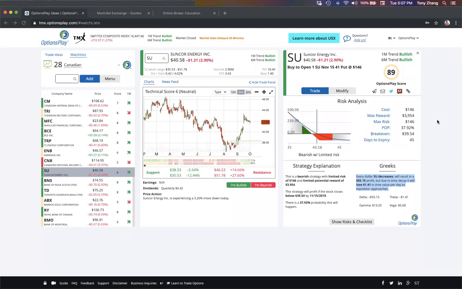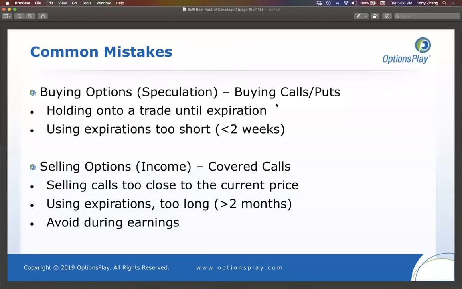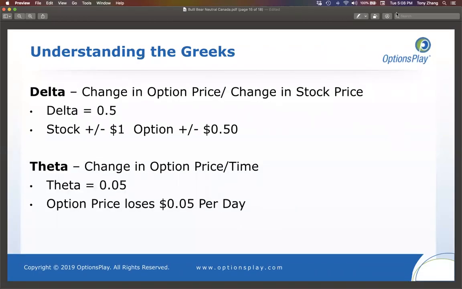Val is saying, I have a question about covered calls that I sold when it was in the money. If theta reduces the cost of the option by 5 cents per day, does that mean that the cost to buy to close my covered call will diminish every day and I can make money? So Val, your answer is correct as long as the stock doesn't move against you. If the stock moves against you, you have to factor in that delta will also affect the price of your option. In this particular example, if the stock doesn't move, that is correct.